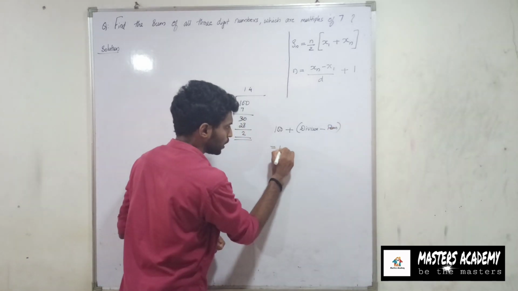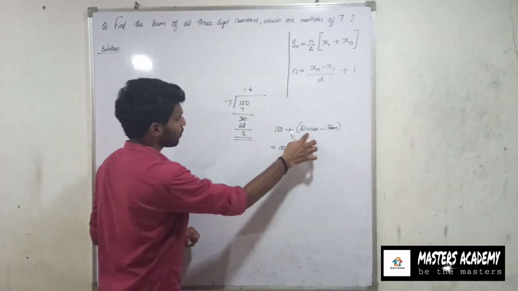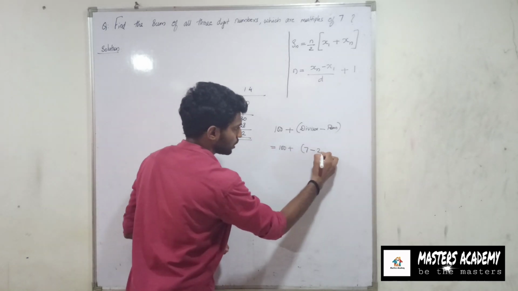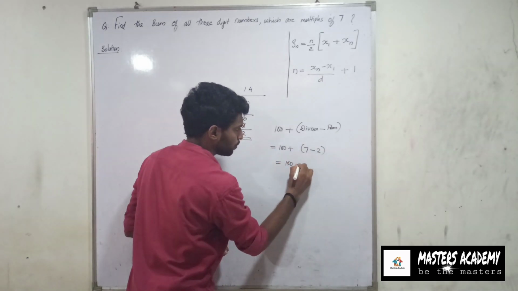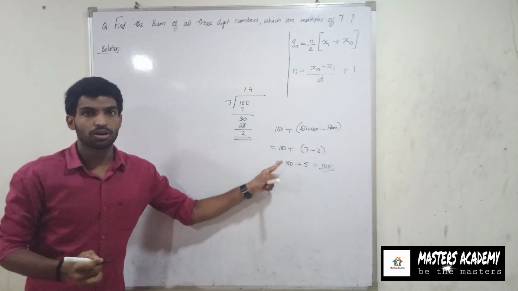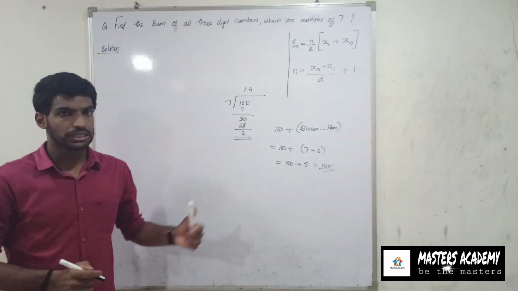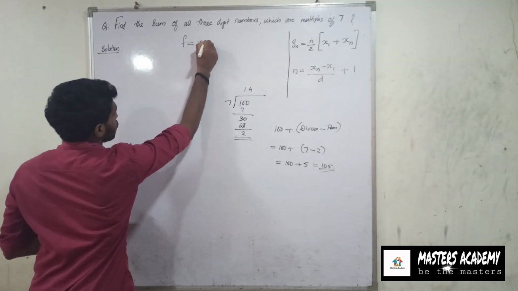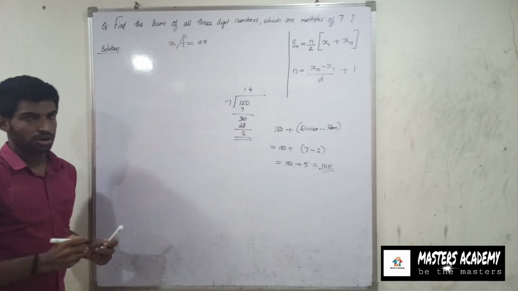Divisor is 7, remainder is 2, so 100 plus 7 minus 2 gives us 5, equal to 105. So 105 is our first term. You can check. F equal to 105, that is x1 equal to 105.